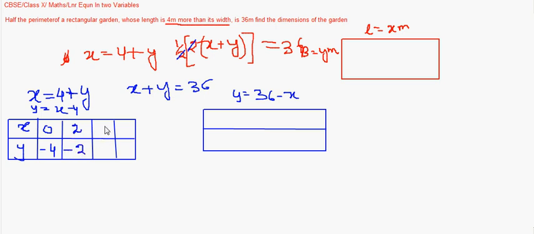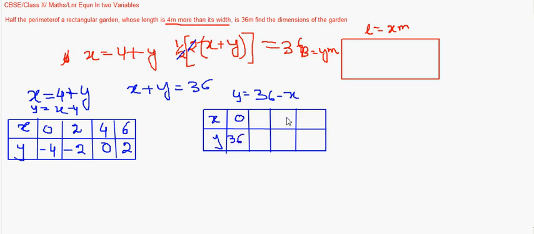If you take 4, that gives you 0, and if I take 6, that gives you 2. For the second one, if you take x as 0, y will be 36.